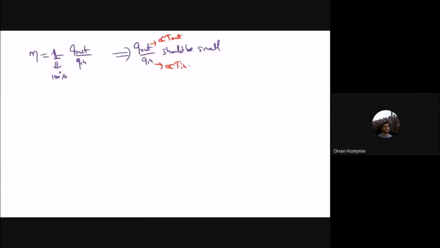So you should make that T in, T3, as high as possible to get more energy, and you have to get T4 as low as possible to get more power. So this one should be low, and this one should be high. Okay, if you supply these, you'll get higher efficiency.